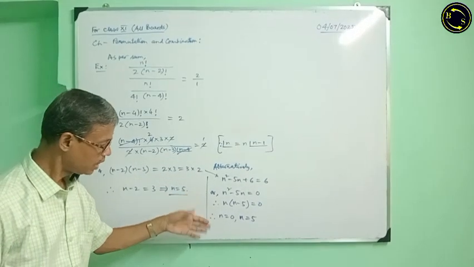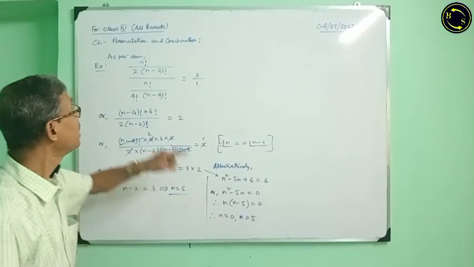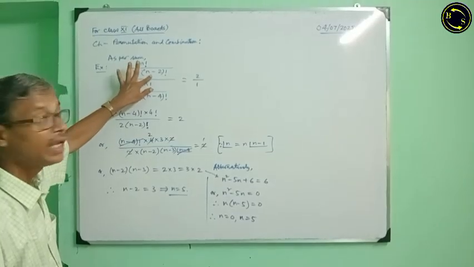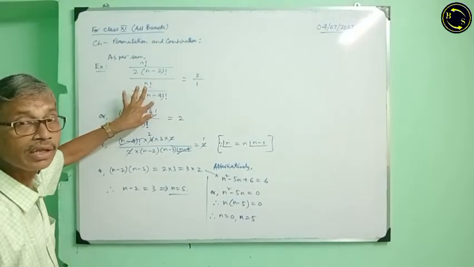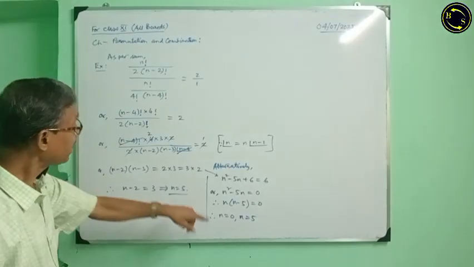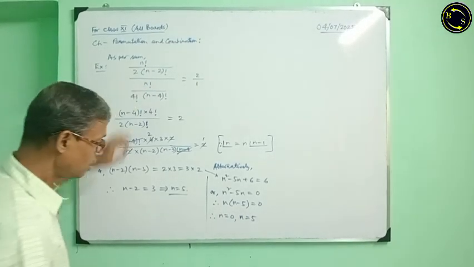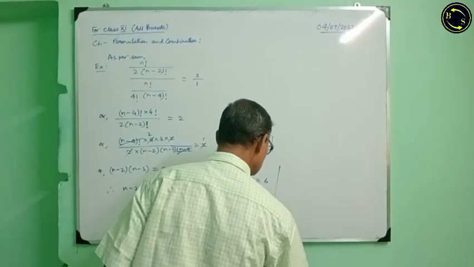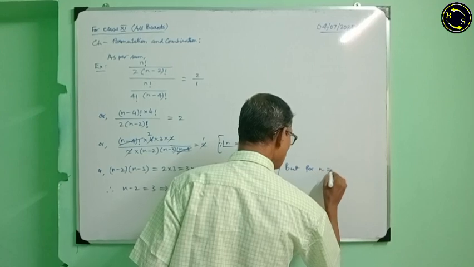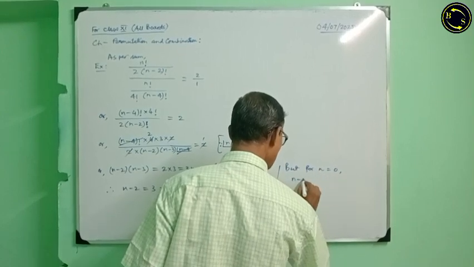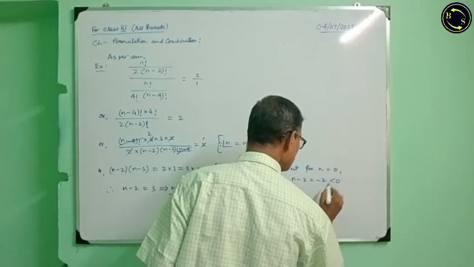See this process. Now if I take n equal to 0, then we will have n minus 2 factorial as well as n minus 4 factorial. For n equal to 0, n minus 2 means minus 2, that is less than 0.